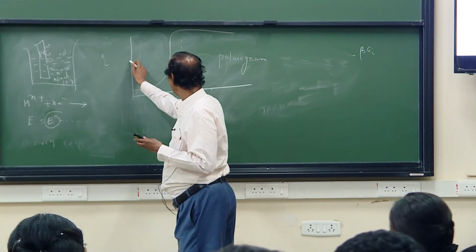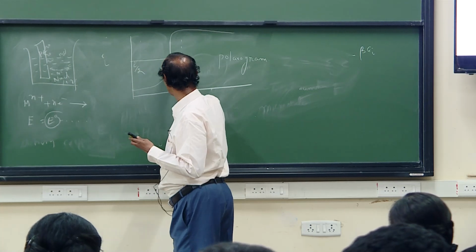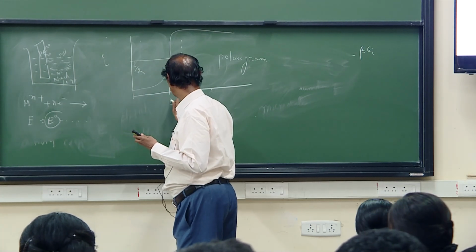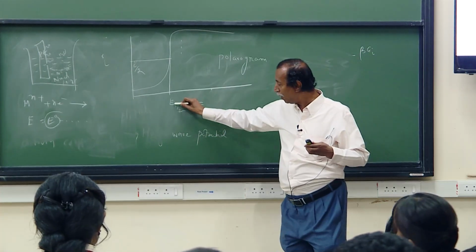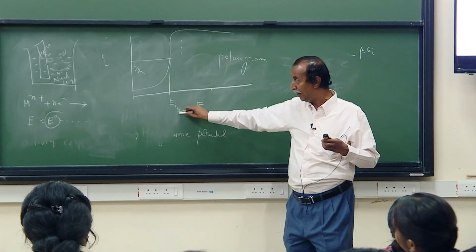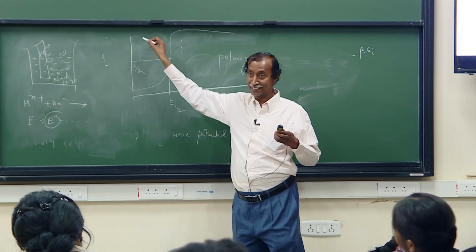The place where the current is I by 2 is called the half-wave potential.